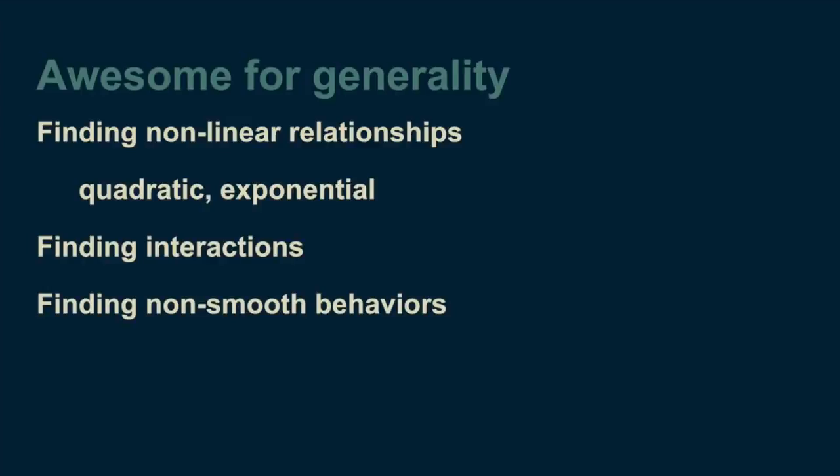Quadratic, exponential, cyclical, and any other relationships can all be revealed as long as you have enough data to support all the necessary cuts. Decision trees can also find non-smooth behaviors, sudden jumps, and peaks that other models like linear regression or artificial neural networks can hide sometimes. There's a good reason that decision trees consistently outperform other methods on data-rich problems.